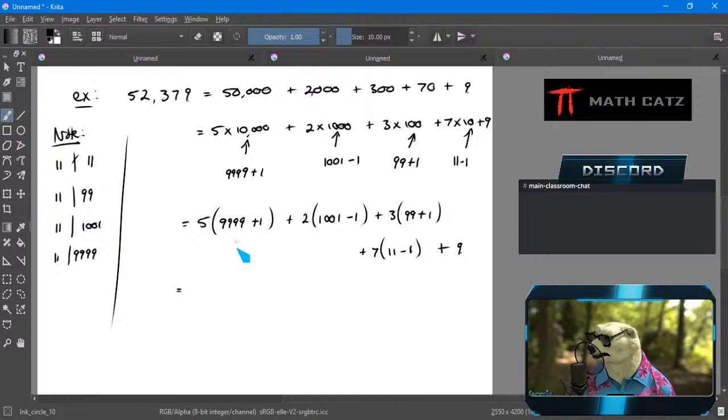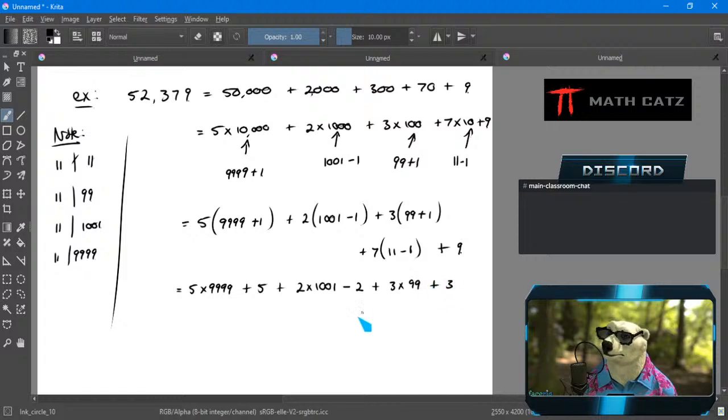Now I'm going to multiply the front numbers in. 5 times 9,999 plus 5, 5 times 1. Then 2 times 1,001 minus 2, because it's a minus. Then plus 3 times 99 plus 3. And then I have 7 times 11 minus 7 and plus 9.